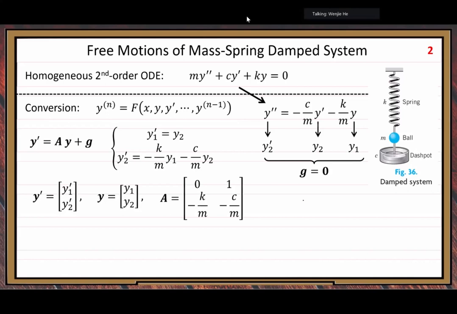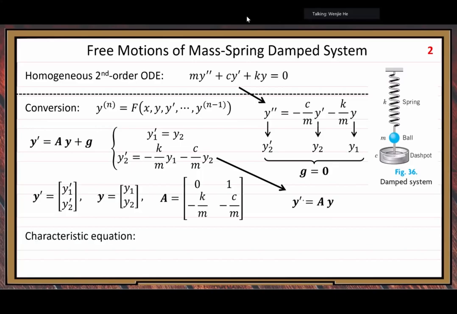This G vector of functions is a zero vector. So we have a homogeneous linear system of ODE, very simple. In linear systems, we also have that homogeneous concept.